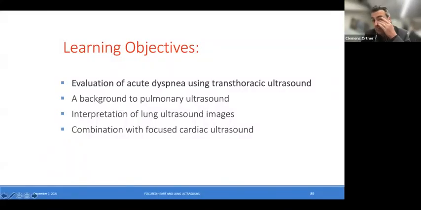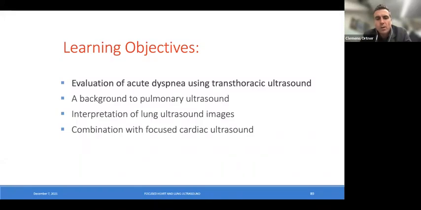Okay, so I wanted to present you more or less a decision tree for how to evaluate a patient that is acutely dyspneic. I hope I was also able to give you some theoretical background on pulmonary ultrasound, and to share with you images of how to interpret different lung ultrasound images.